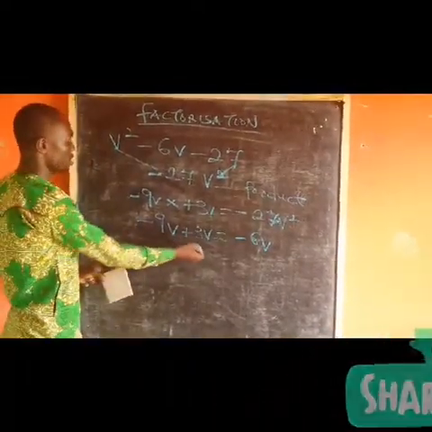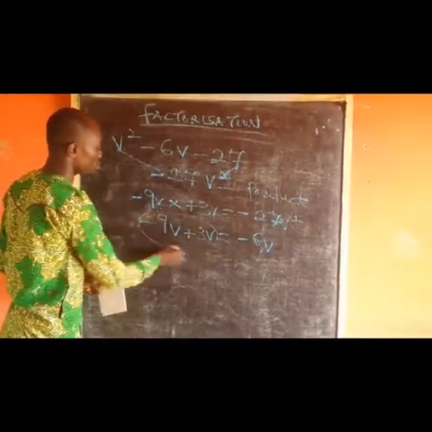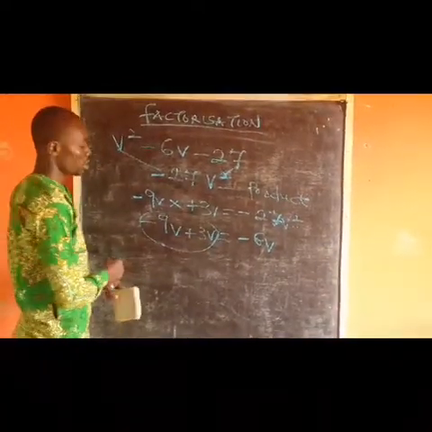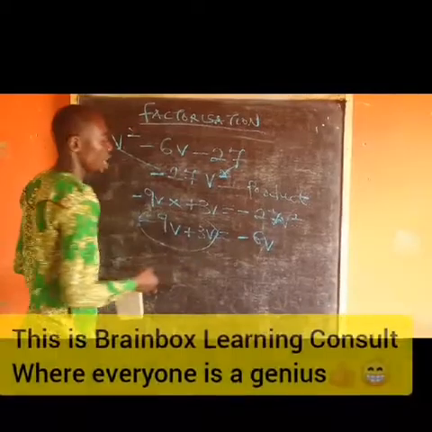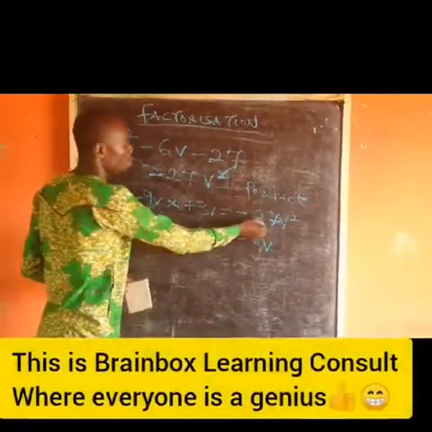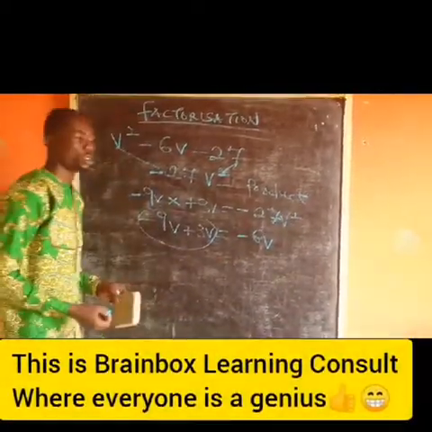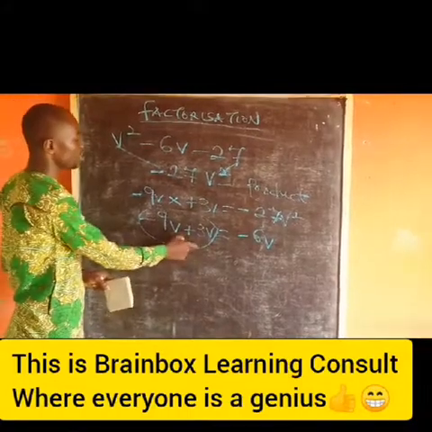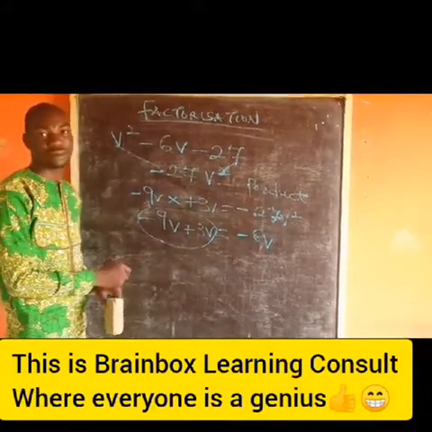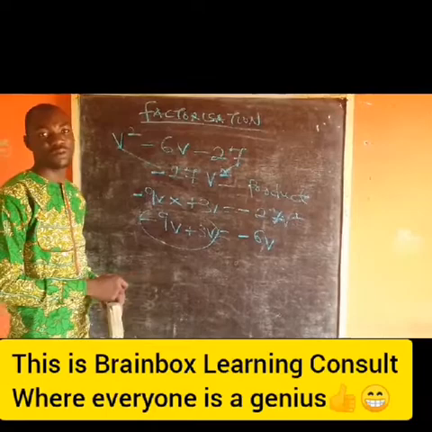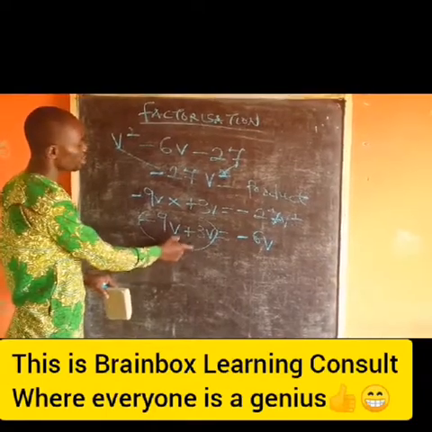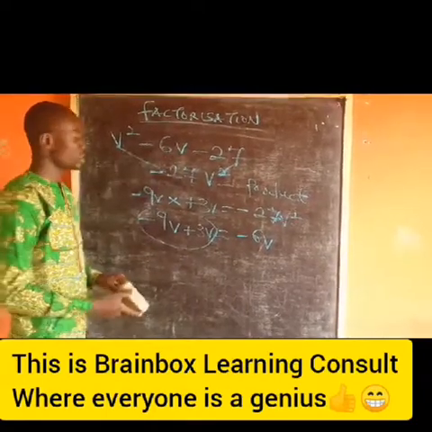So you can see that invariably this value gave us minus 6V, and when we multiply them, we got minus 27V squared. You just take this to replace the second term and collect your common factor. So let's use this to replace the second term.